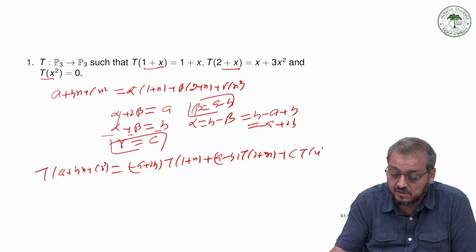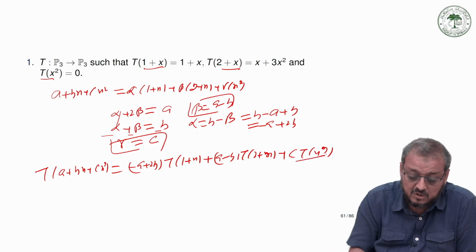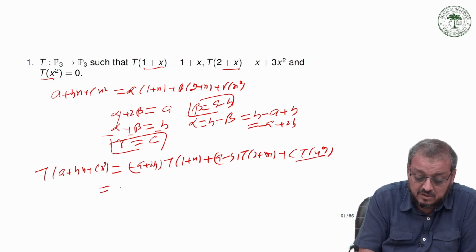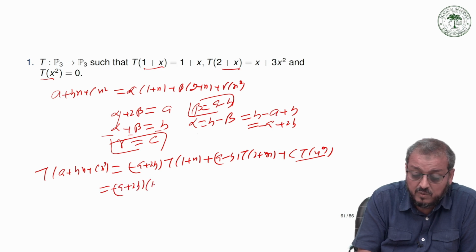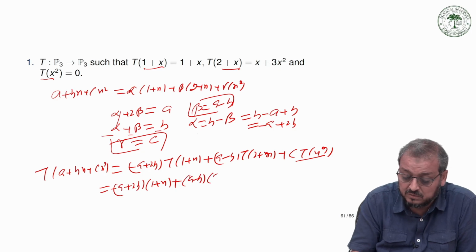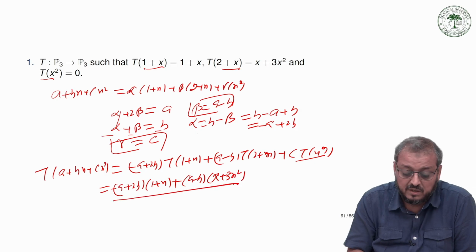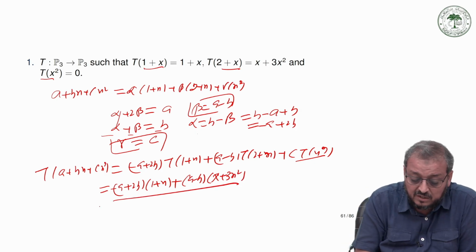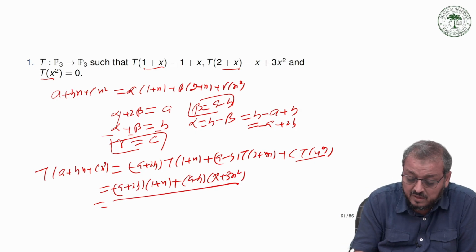T of 0 is given, so this is equal to (−a + 2b)(1 + x) + (a − b)(x) + 3x².